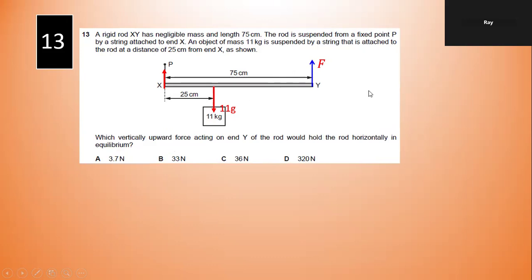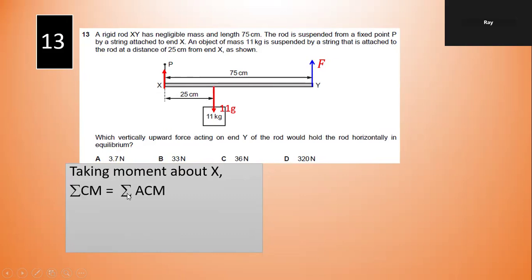So let it be F. Taking moment at X, no? Because X is not given. This one is given. Easier to take moment about X. Some are clockwise moment, got some anti-clockwise moment. 11 gram, 11G, sorry, 11G times 25.